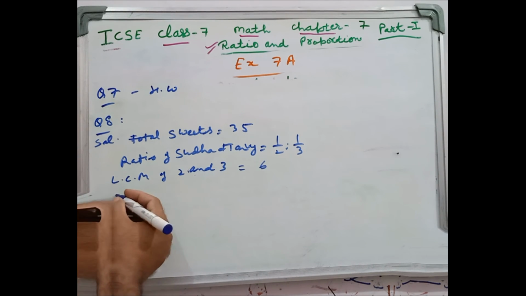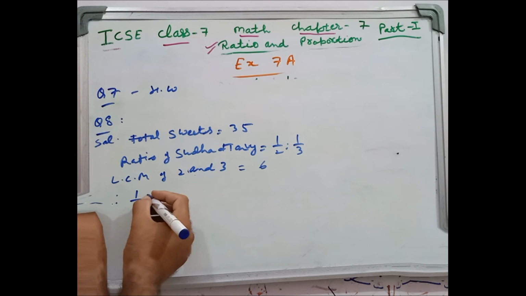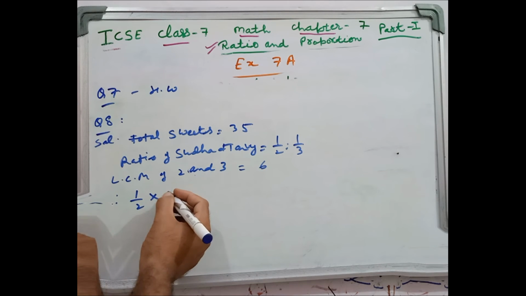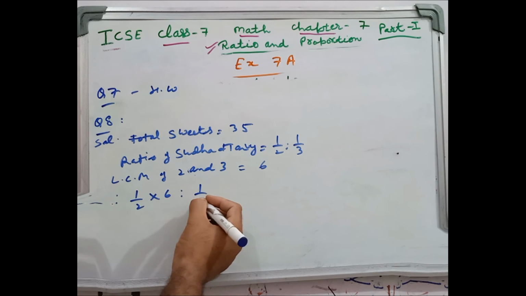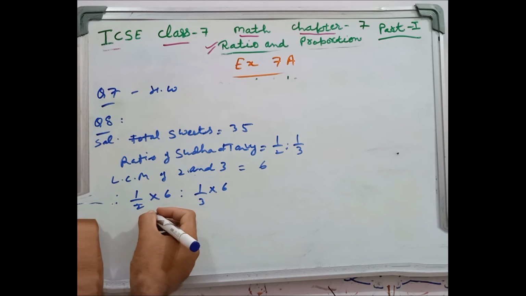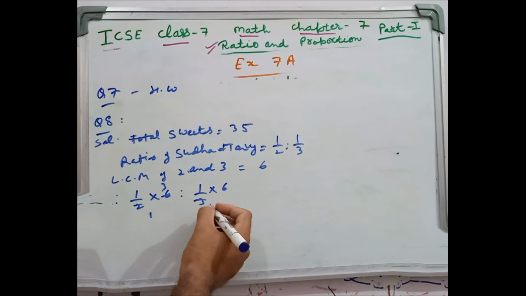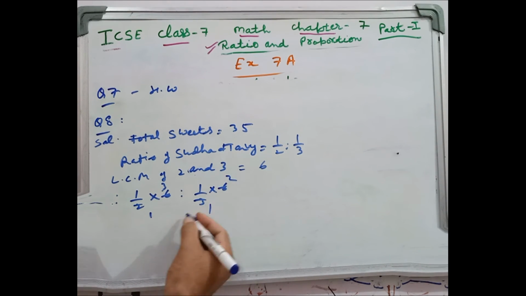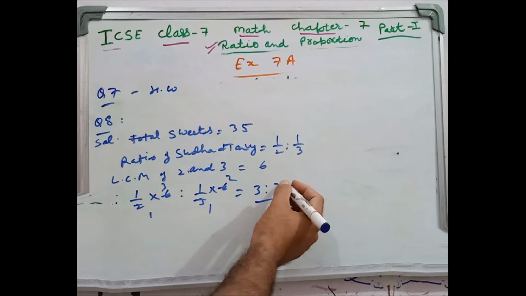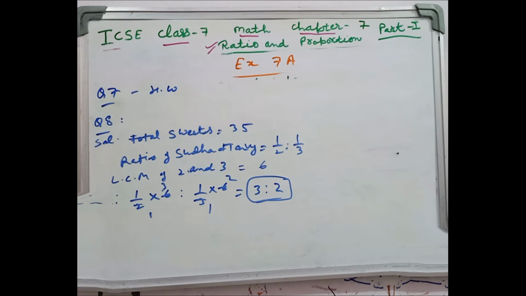Now, 1 by 2, multiply by 6, ratio 1 by 3, multiply by 6. 2 ones are 2, 2 threes are 6, so 3 ratio 2. Now this is our final ratio.